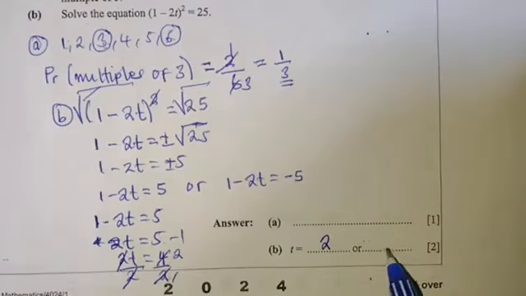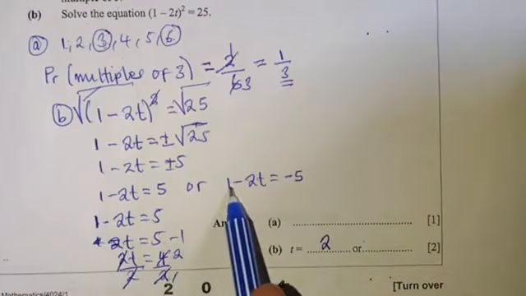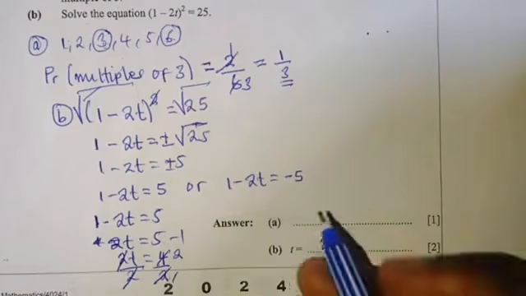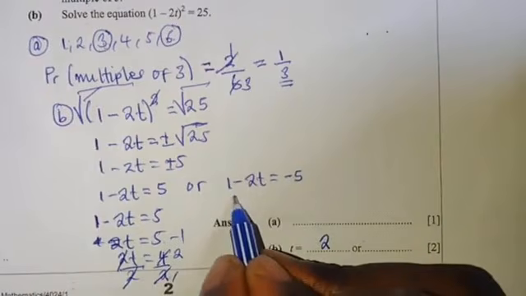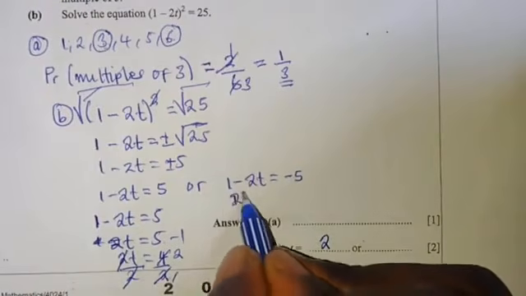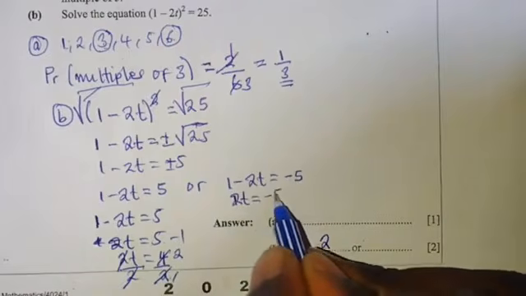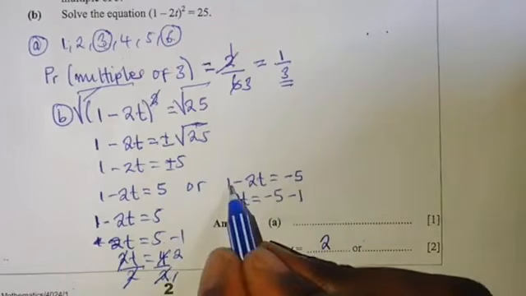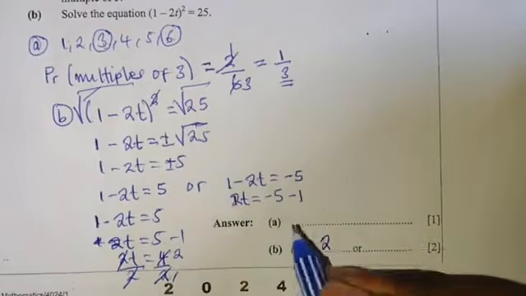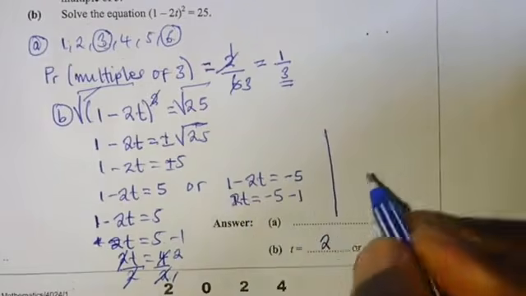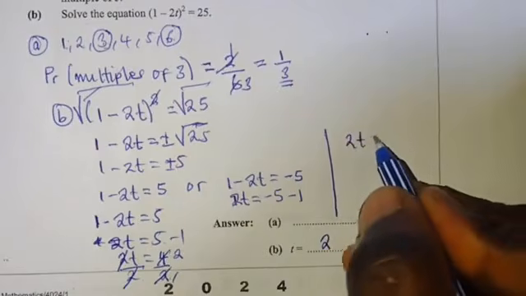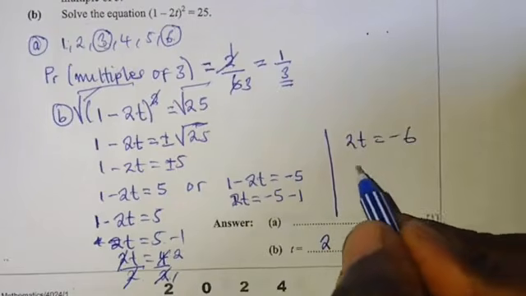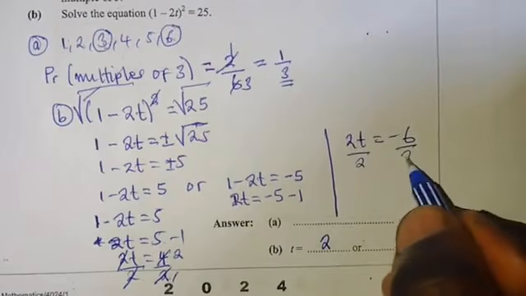Okay, we need to find another one. Now we have 1 minus 2t is equal to negative 5. So we write 2t is equal to negative 5 minus 1. The 1 has gone to this side. So we are going to have 2t is equal to negative 6. So we divide by 2, we divide by 2.